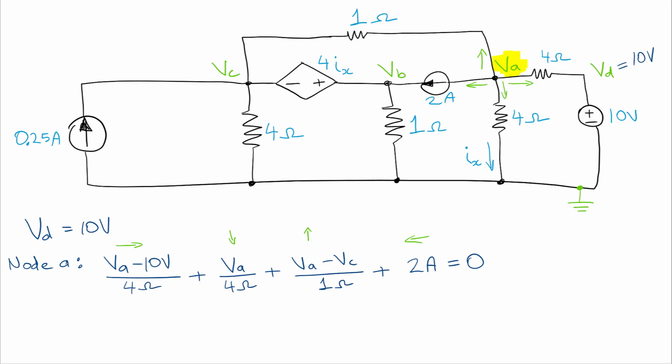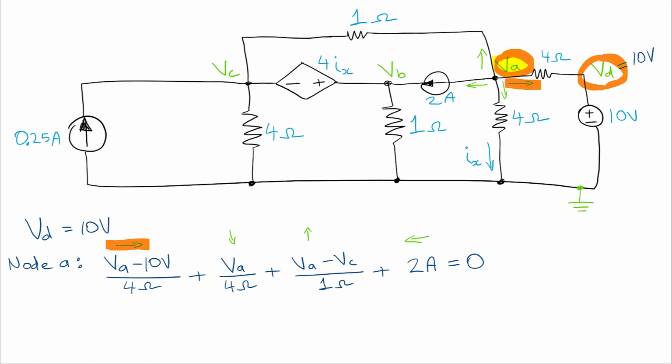So now this is what we have for our equation. For the current going to the right, that's this one, and we have VA minus 10 volts divided by 4 ohms. That's fairly straightforward. The tail of the current is the node that you're starting from, and the head of it is the node that you're ending up on.